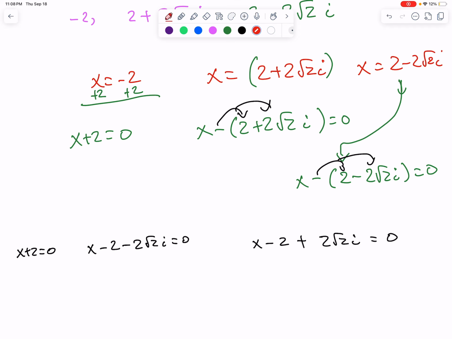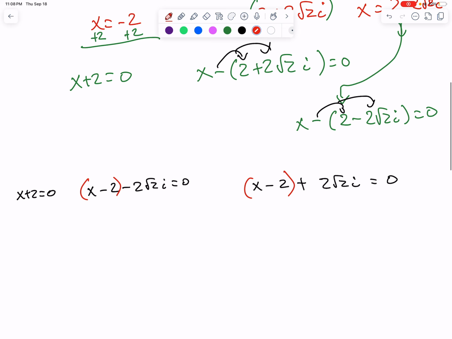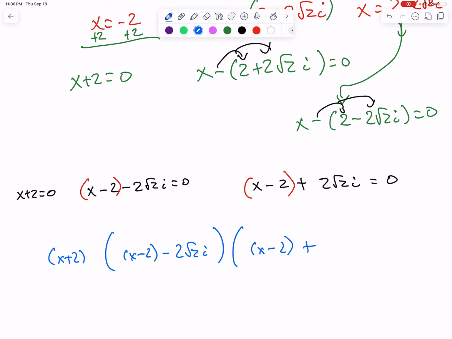The big deal here is that for the next move, you want to make sure that you pair these together. Because if they're all equal to 0, then we can say that the quantity x plus 2 times the quantity x minus 2 root 2i, times the quantity x minus 2 plus 2 root 2i equals 0.